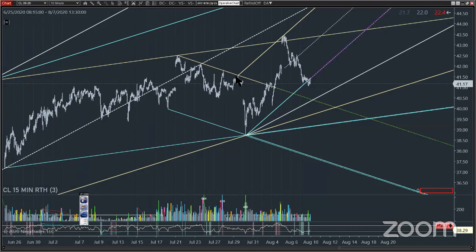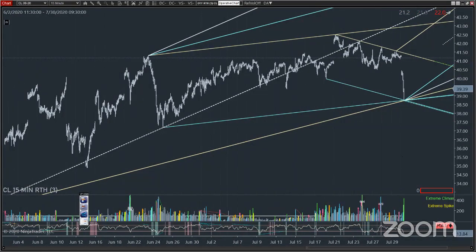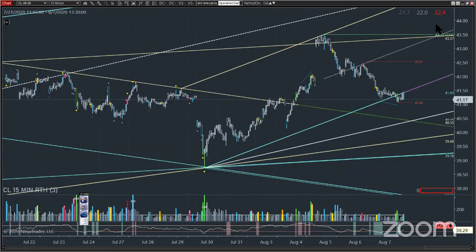It's the high before that big gap down into the low. That's so perfect, it's incredible. But how many people are going to buy that? Not a whole lot, unless you've got some deep pockets.